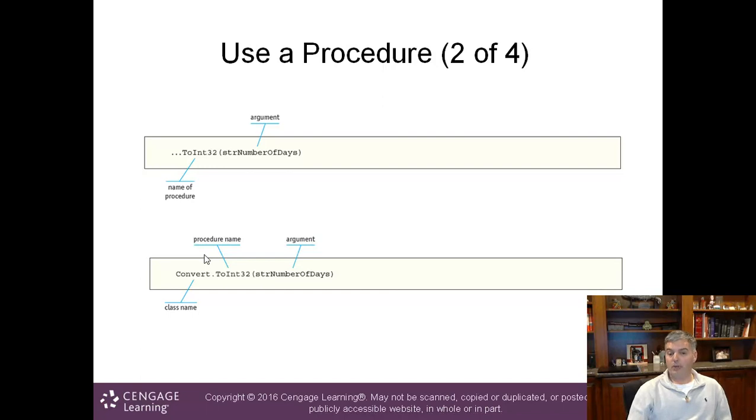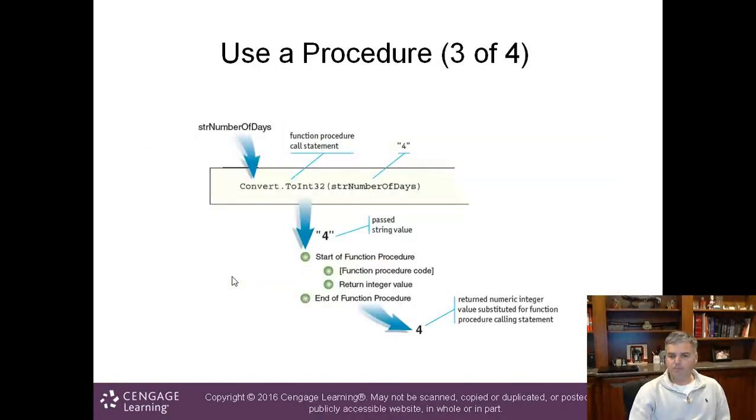So we have to convert it to an integer. This ToInt32 procedure is going to take that string and convert it to a number for us, and we're going to assign that number to an integer variable rather than a string variable.